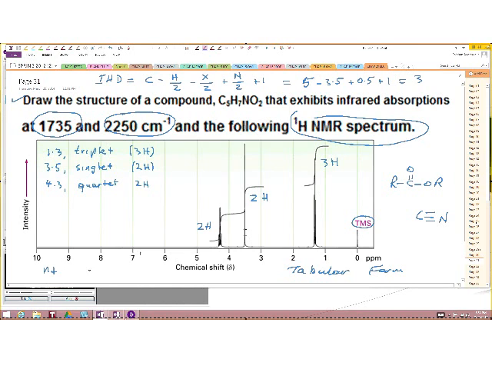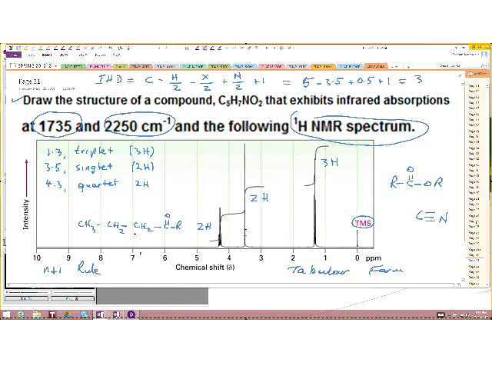Don't forget your N+1 rule. In other words, a given set of hydrogens will be split into N+1 peaks, and N is the number of hydrogens that it sees, meaning what is next to it.